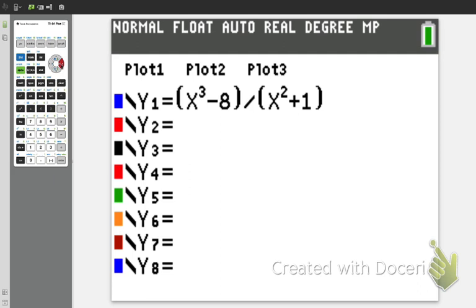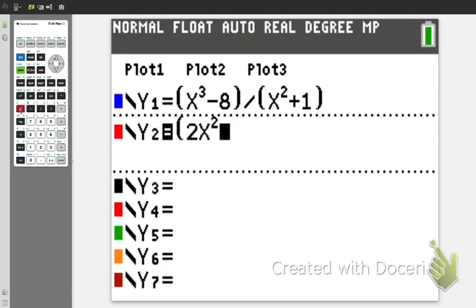So the first one we did was, what was it? 2x squared minus 5x minus 3 divided by, and when you do this, don't put what you simplified, because if you simplified wrong, it's going to be wrong anyway.